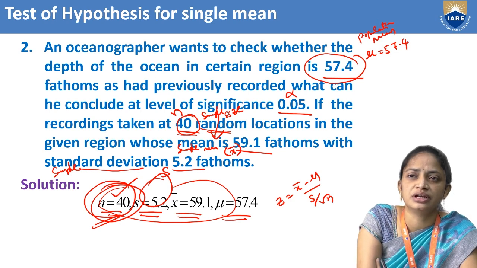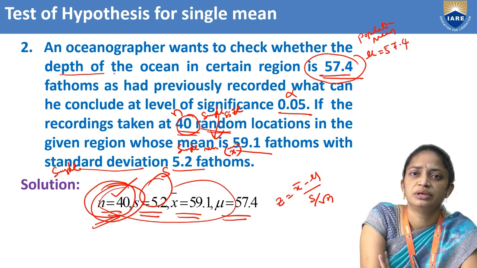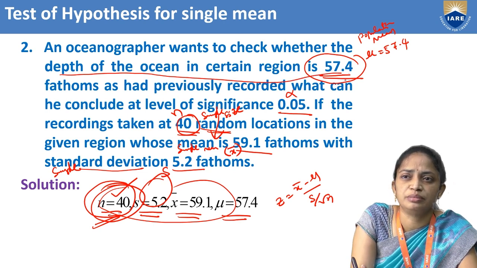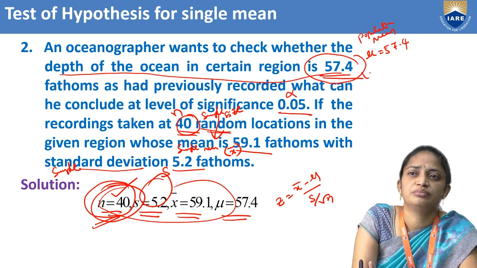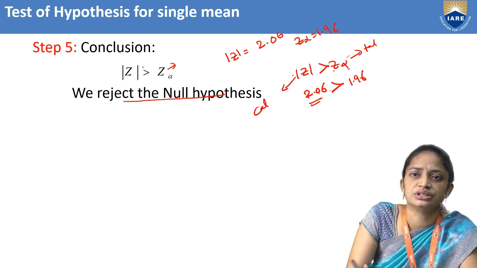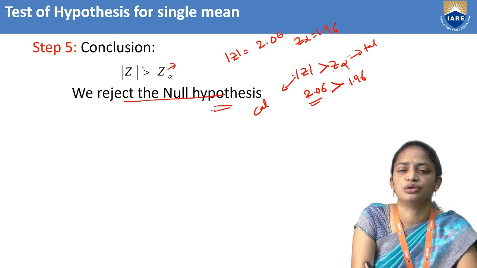The claim that the depth of the ocean in a certain region is 57.4 is wrong, because we reject the null hypothesis. That means the given statement is wrong, and that is how we can conclude. Thank you.